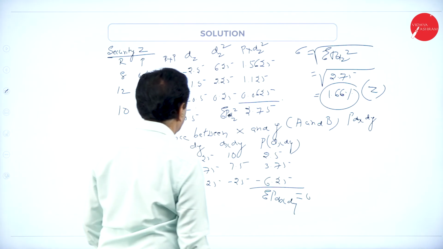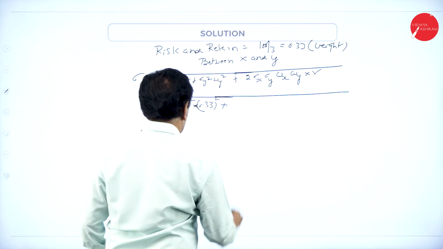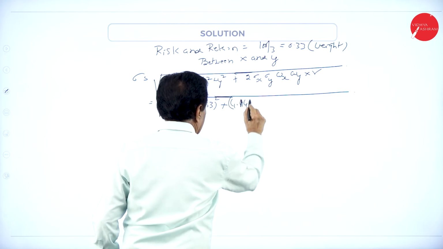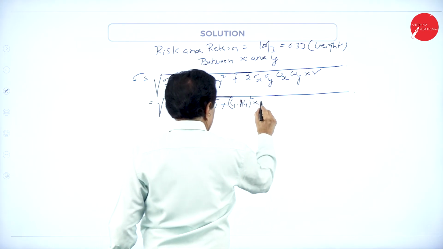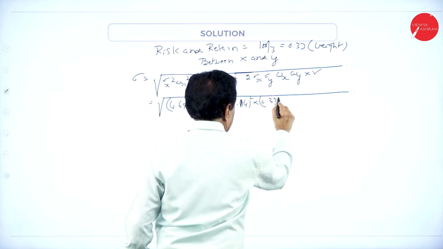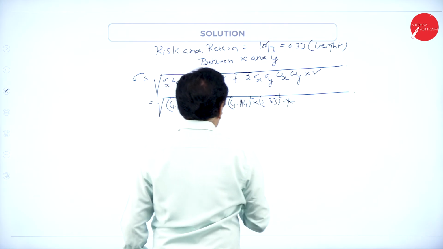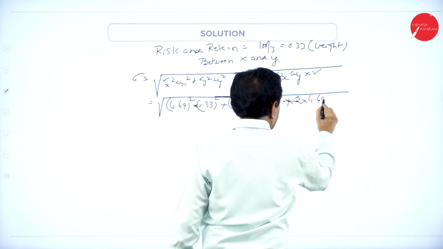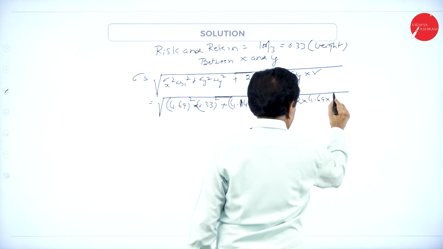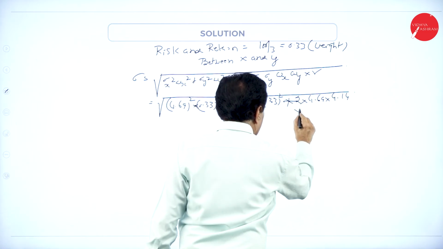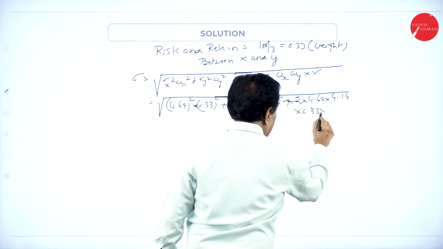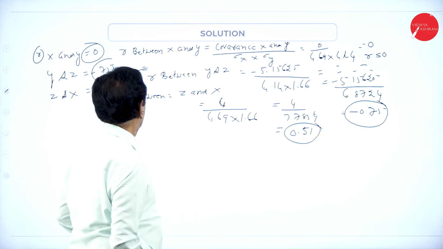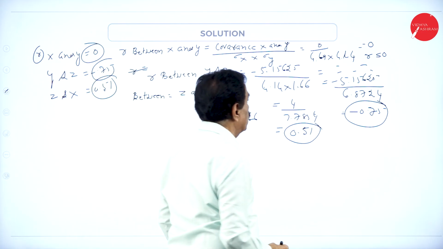Standard 4.14, 4.14 square into 0.33 square plus 2 into 4.69, 4.14 into 0.33 into 0.33 into R. R between X and Y is 0.